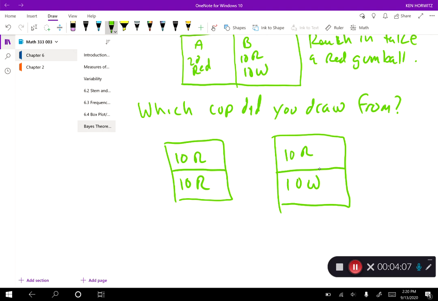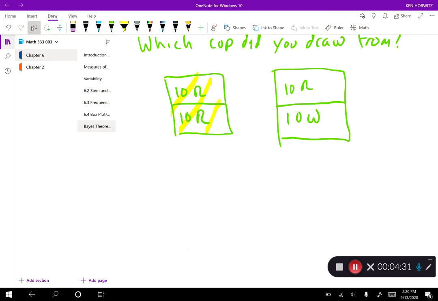Since we know that we've already chosen a red ball, we have two chances that we got into cup A out of 3 total pieces with red in it.